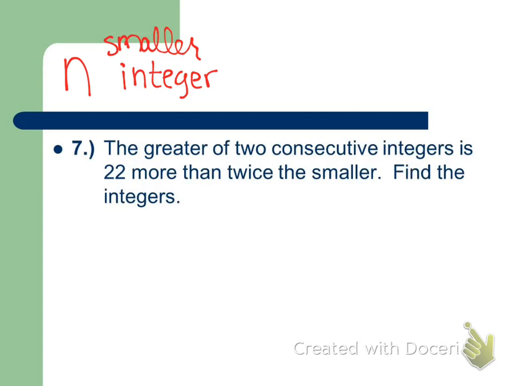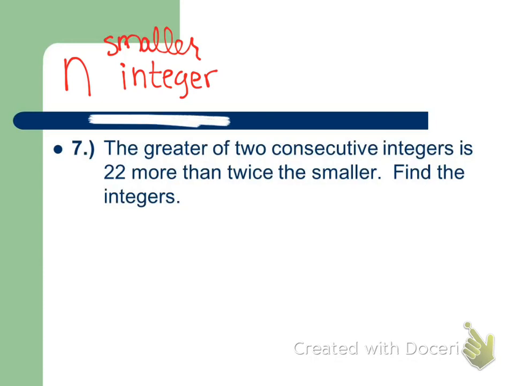This is something we talked about earlier in the week: when an integer comes one right after another. So if n is our first integer, the integer after that is represented. Not equals. Plus 1, right? If we start at a number and we want to get to the number right after that, we add 1 to it. So if n is our smaller one, the next one is going to be n plus 1.